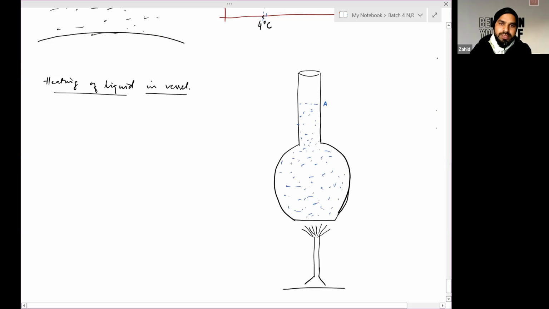Will it increase or decrease? I'm just considering before its evaporation. How will the level of liquid in this vessel vary on increasing temperature?